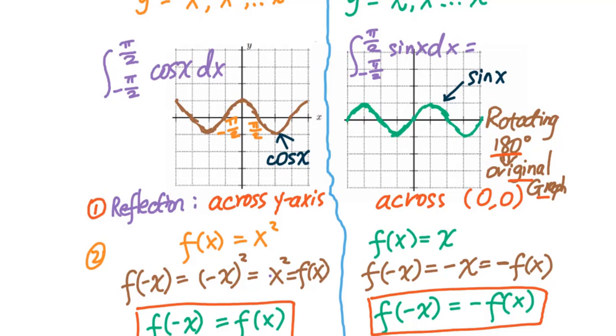Therefore, let's explore the integral from negative pi over 2 to pi over 2 of cosine x and sine x.